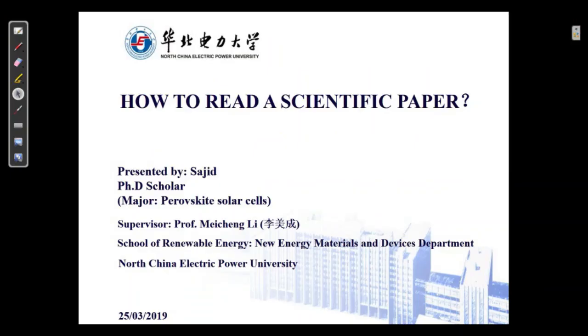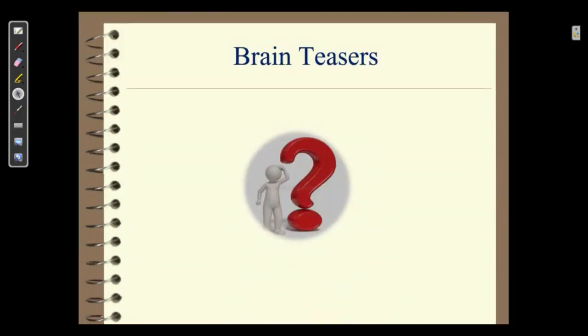what we have today. First of all, there are some questions we need to ask ourselves. For example, why we need to read the scientific paper. First we will focus on that, and secondly we will see what things we are going to read or do in our research.